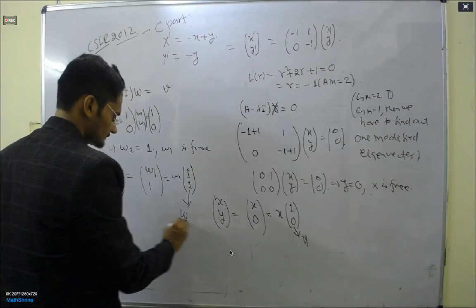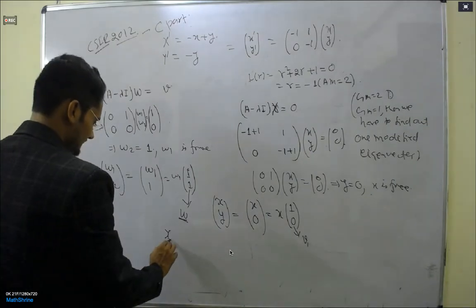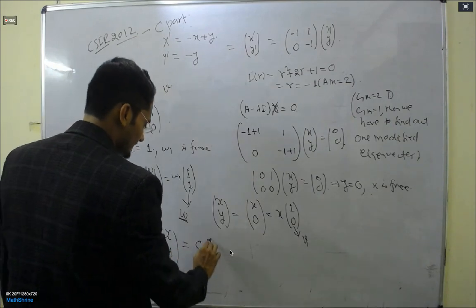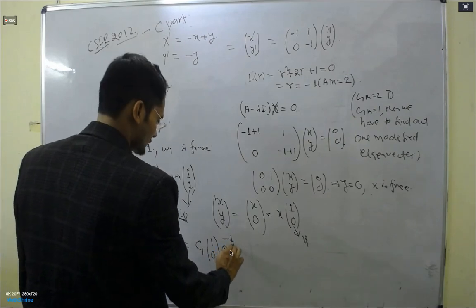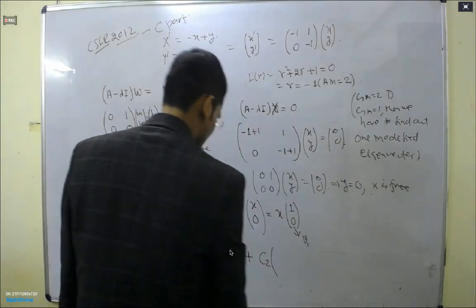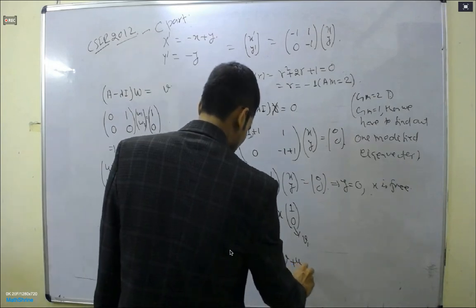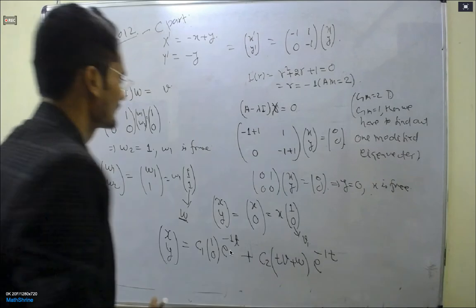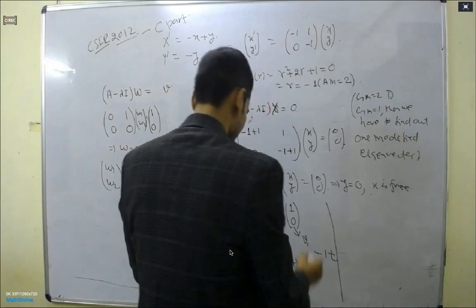So the answer will be x comma y is equal to C1 times 1, 0 e raised to the power minus t, plus C2 (tV plus W). W is already given as 1 comma 1. So this will be your t plus 1 and it will be 1, plus C2 into (t plus 1), 1, e power minus t.